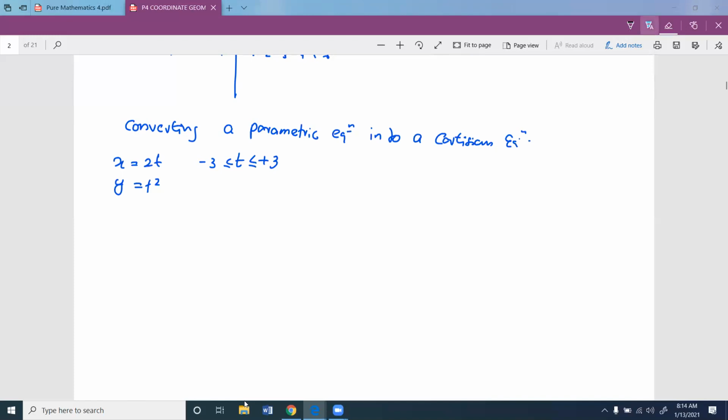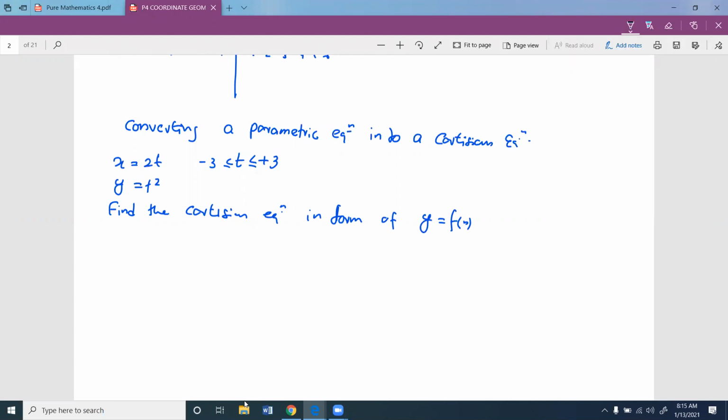They can ask you: find the Cartesian equation in the form y equals f(x). That's the format they will request, right?